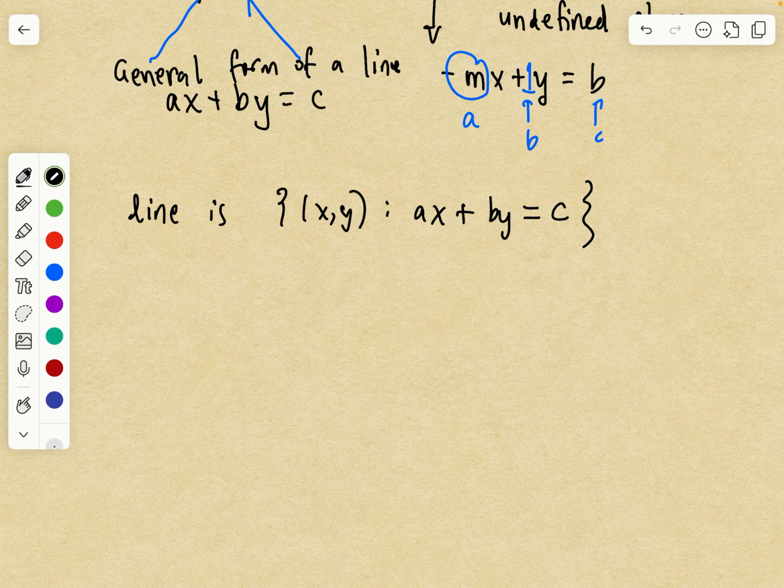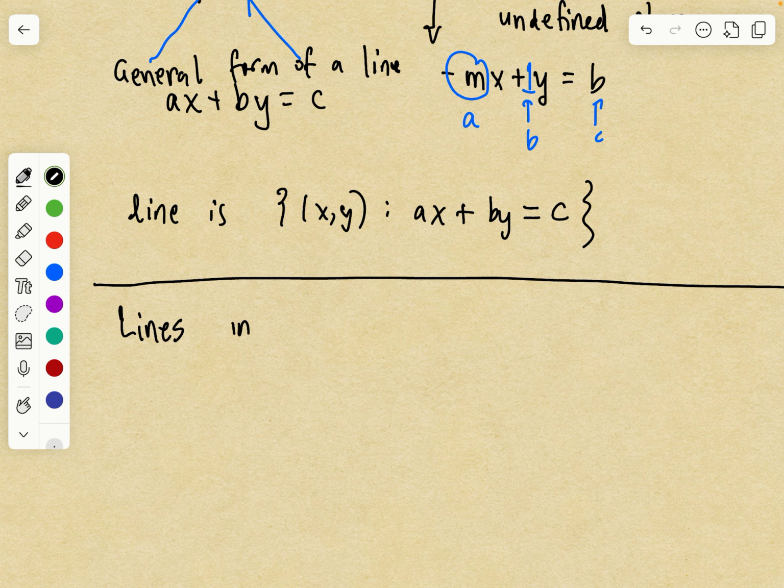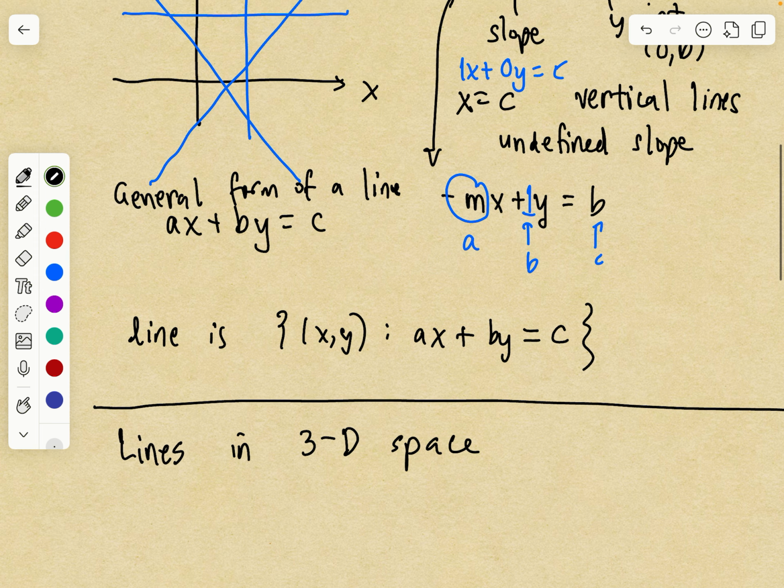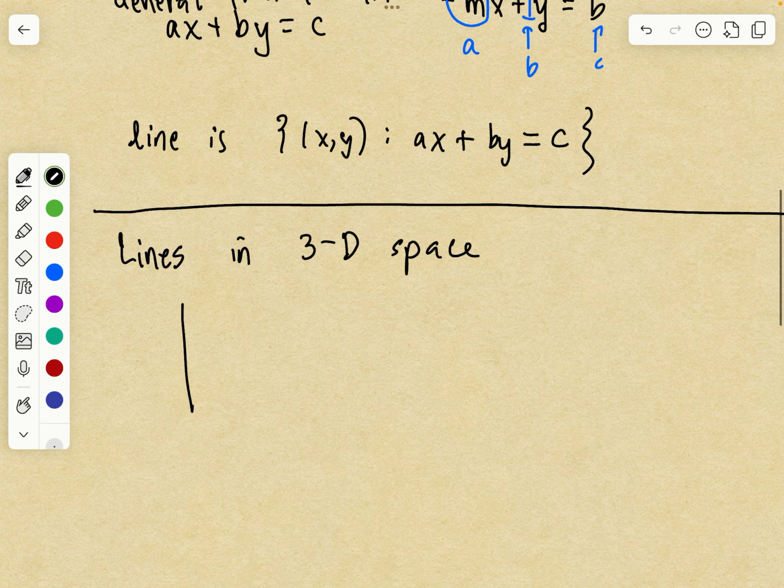That's a review of lines in two dimensions. Now what about lines in three-dimensional space? Lines in three-dimensional space are a bit more complicated, because a line in three-dimensional space, like this, doesn't have a slope.